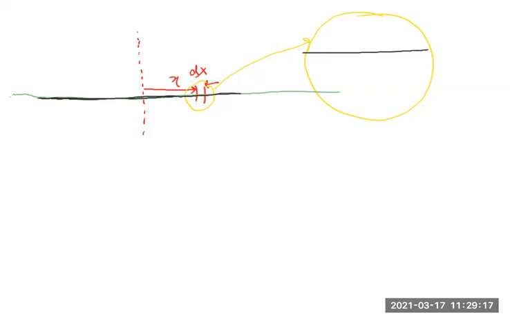I can take y and dy, I can take r and dr, I can take l and dl, I can take theta and d theta. It does not matter. Why do I invariably take x and dx? The reason is that somewhere at the back of my mind I know that this object is one dimensional and existing along the x-axis. So why not take x and dx?